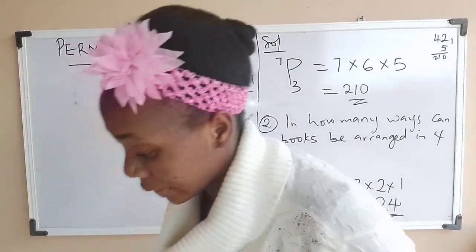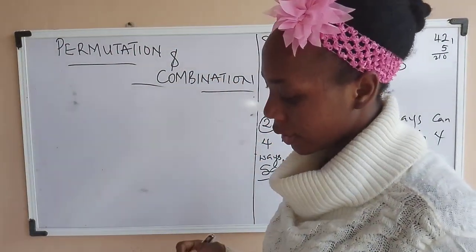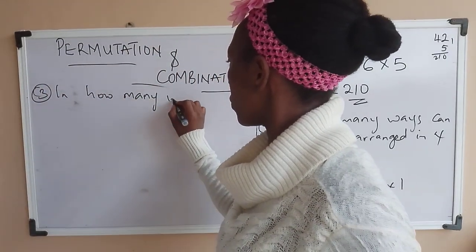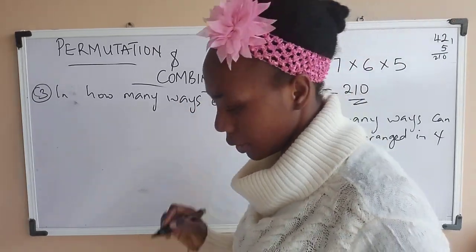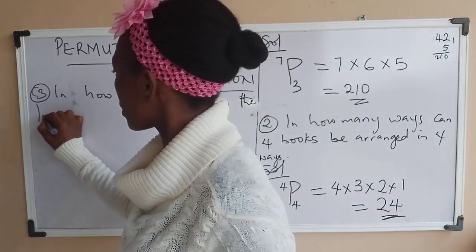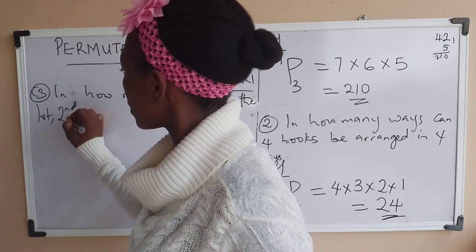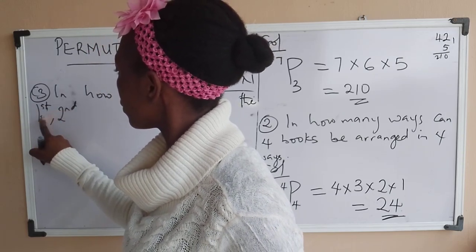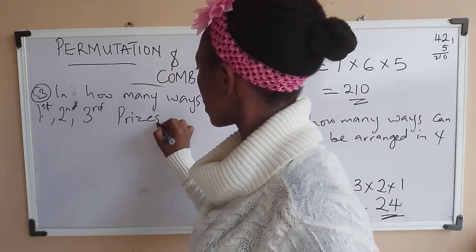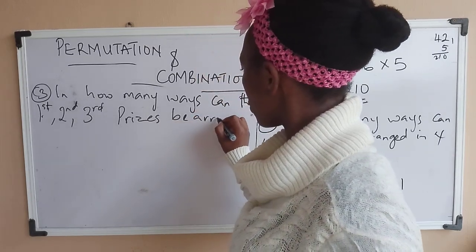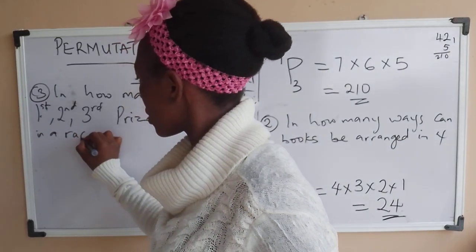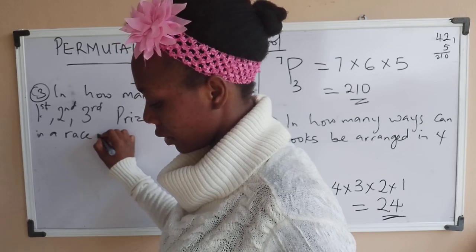Okay, so the next question, this is number 3: in how many ways can the first, second, third prizes be arranged in a race if there are 10 competitors?